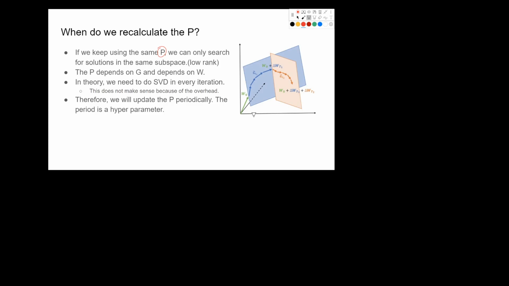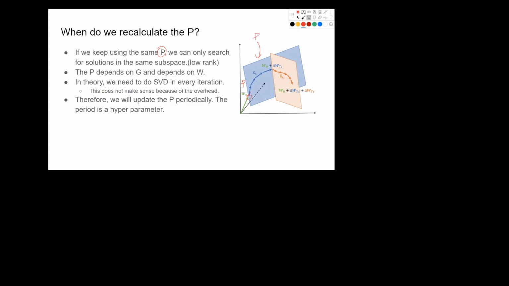For example, by choosing a P at this point, we will actually search the plane defined by P. This blue plane is defined by P.